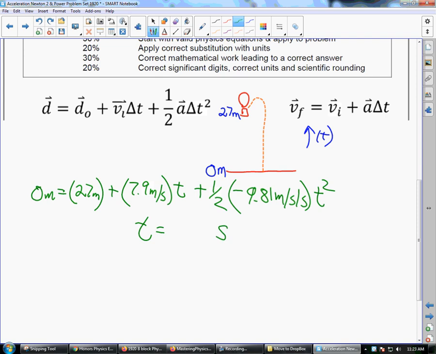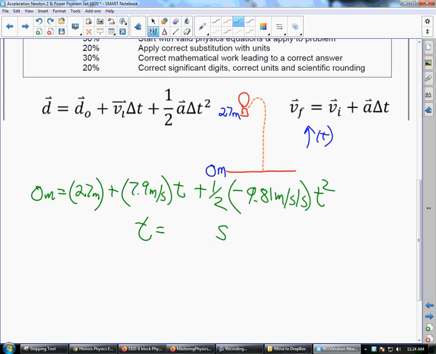Then you can go back, and for the second part, you're going to use V final equals V initial plus AT. V final is what you're looking for. V initial, you already know, positive 7.9 meters per second. A is going to be your negative 9.81 meters per second squared. And your T, you'll know. Do you expect V final to be positive or negative? The final velocity, the velocity just as it hits the ground.